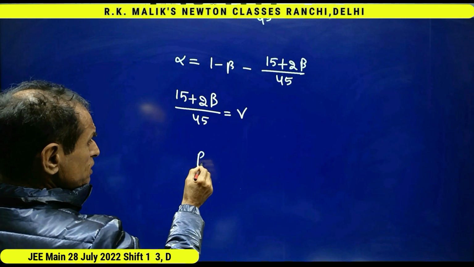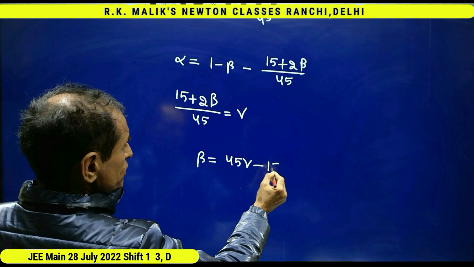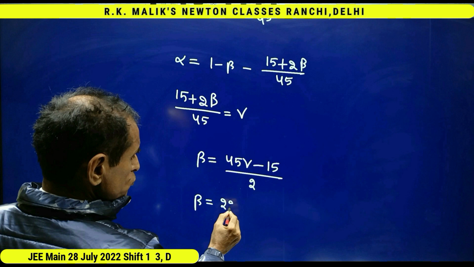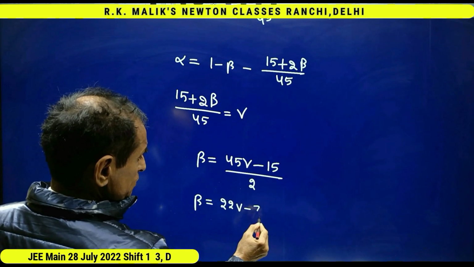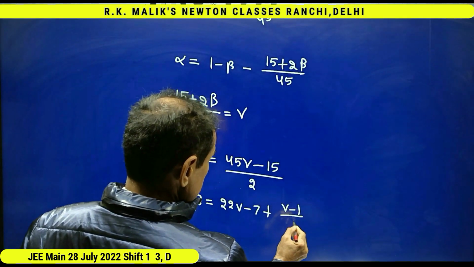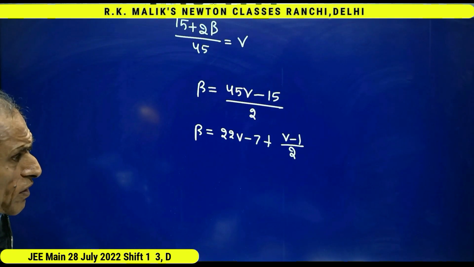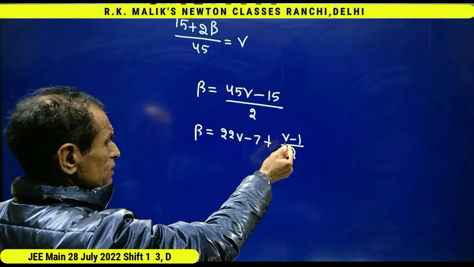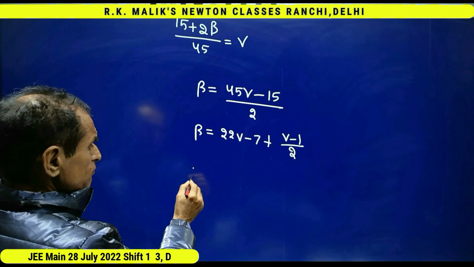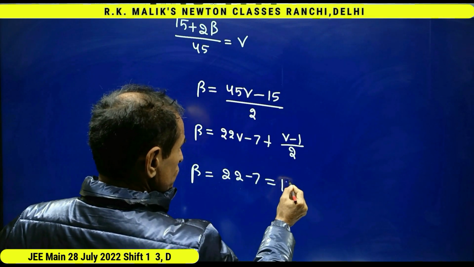And again, now beta is equal to (45 gamma minus 15) by 2, that is beta is equal to 22 gamma minus 7 plus (gamma minus 1) by 2. And now it is very easy to find the integral value of beta. It is clear that if I take gamma equal to 1, I will get the integral value of beta, and the integral value of beta will be 22 minus 7, that is 15.